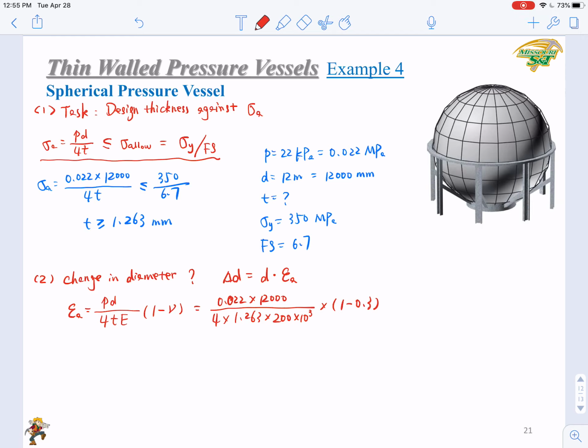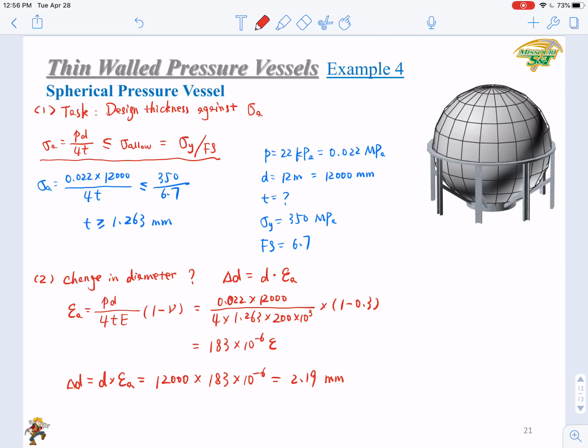Okay, so here it would be 183 microstrain. Then the diameter change will be calculated as D times epsilon A. The D is 12,000 times 183 micro. So here you get 2.19 millimeters. This is the increase of the diameter of the vessel when it's subjected to the pressure.